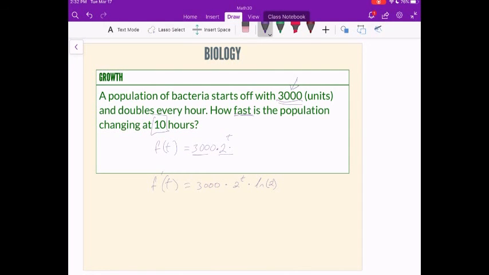Then it wants to know how fast is it changing at 10 hours, so we just simply plug in 10. 3000 times 2 to the 10 times ln of 2. So if you want a decimal approximation, throw that into your calculator.